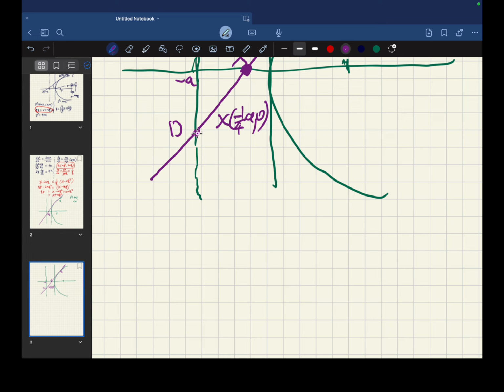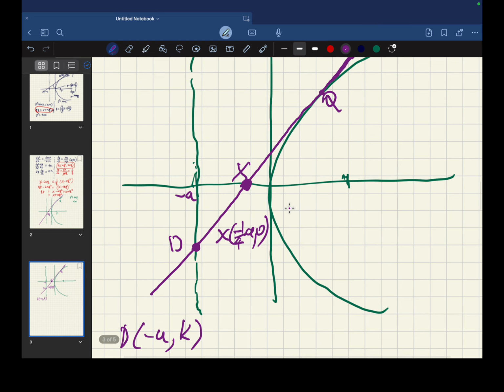Since D lies on the directrix of parabola C, we know the x coordinate of D, which is minus a, and we don't know the y coordinate, but we can simply set it as k, and now we want to find this value. How do we find this? Using our conditions.